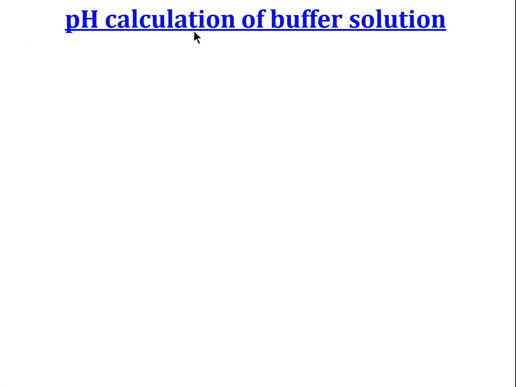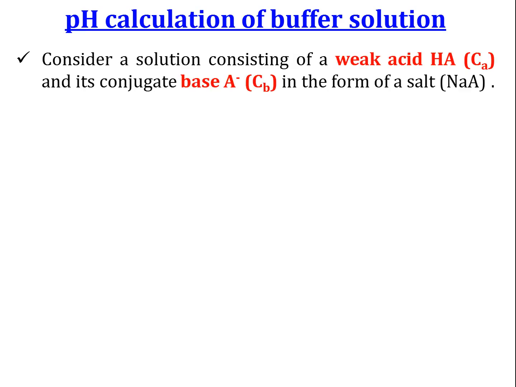Calculation of the pH formula of a buffer solution. Consider a solution containing a weak acid HA, where the concentration is Ca, and its conjugate base A- of concentration Cb, and A- is provided from a salt NaA.